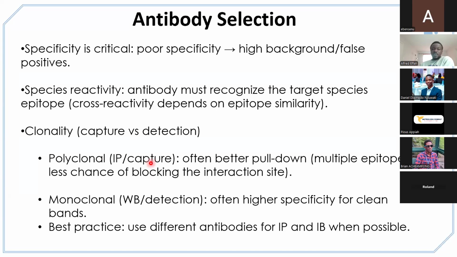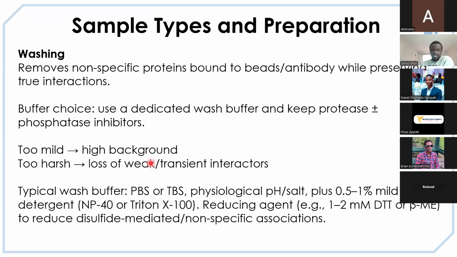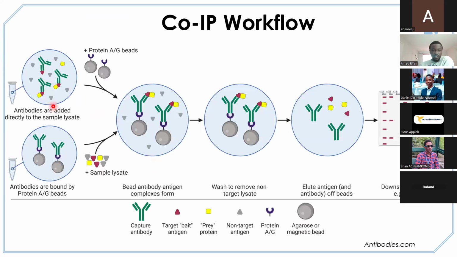It means that we are going to disrupt the interaction between protein A and protein X. So at the capture stage, assuming where the yellow protein is bound is the portion our antibody can recognize, then when the antibody comes in, it's going to disrupt the interaction between these two proteins, and we are going to miss their interaction. We will wash and nothing will be bound to this red protein.